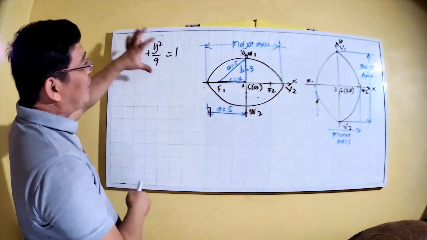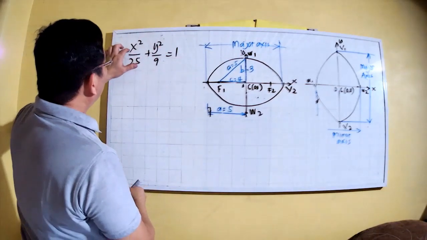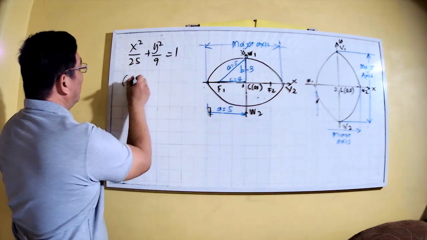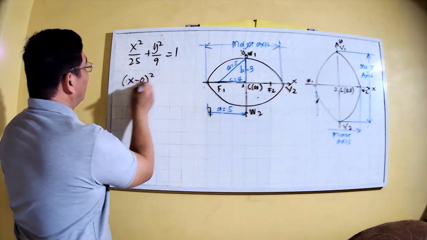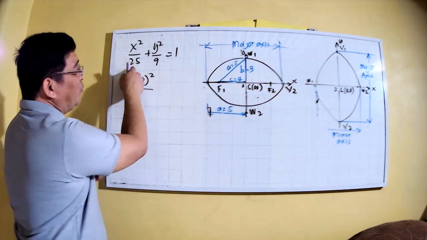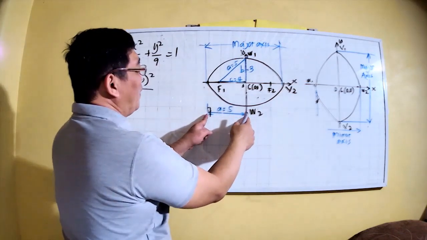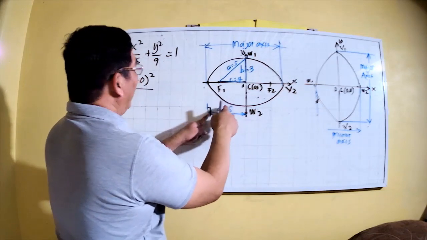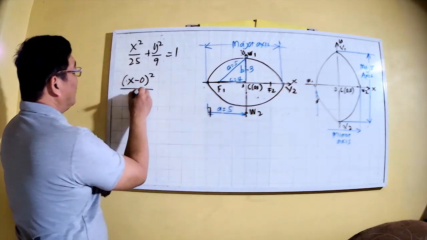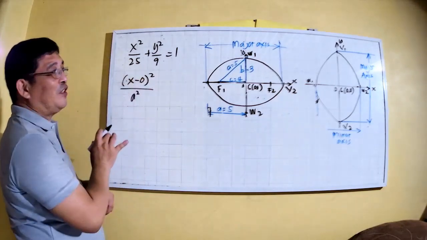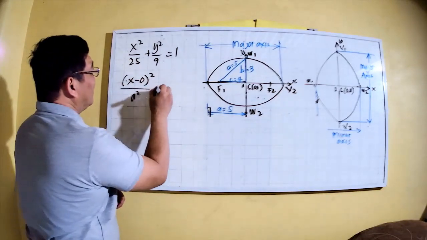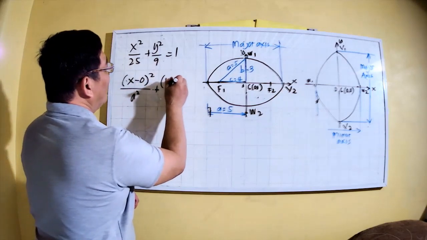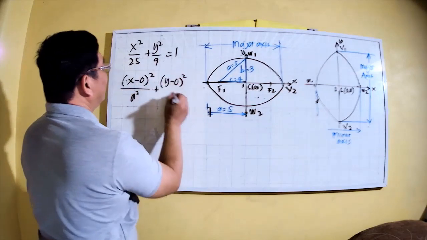Let's look at this equation. X squared is the same as x minus 0 squared. And look at 25, we have here A is equal to 5. If you square 5, it is equal to 25. So, A squared will be under x minus 0 squared. Plus, and y squared is also the same as y minus 0 squared.